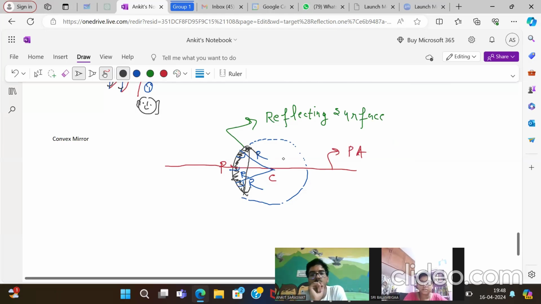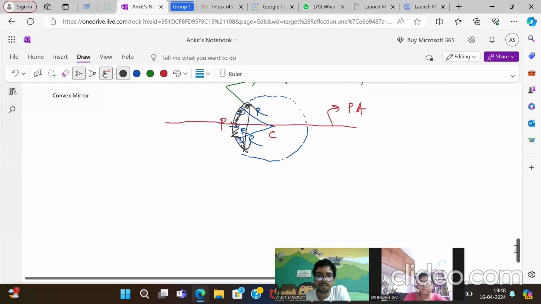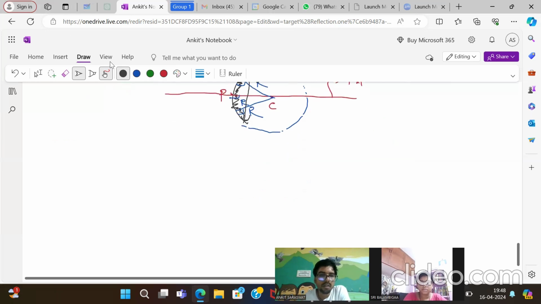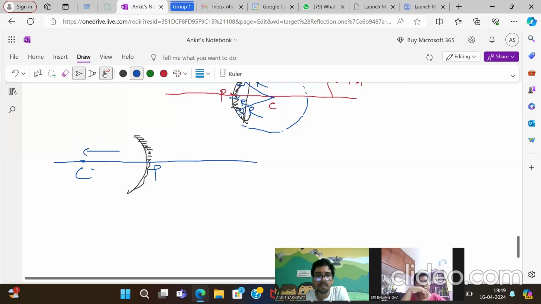Now, one thing I forgot. See here. This is the concave mirror. This is the principal axis, pole, center. This is the radius of curvature.